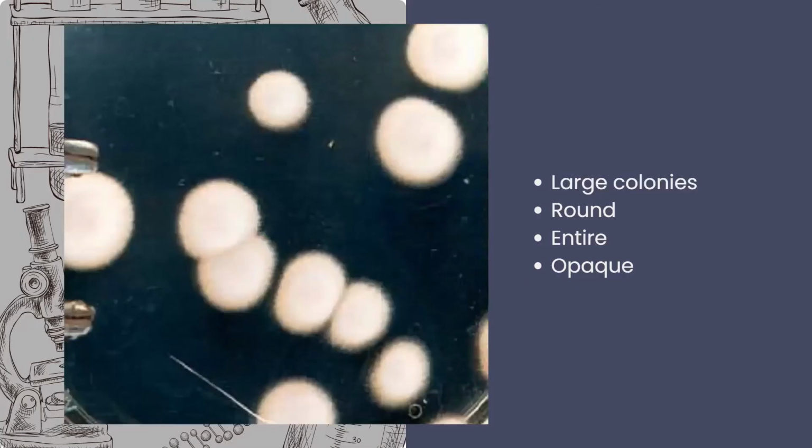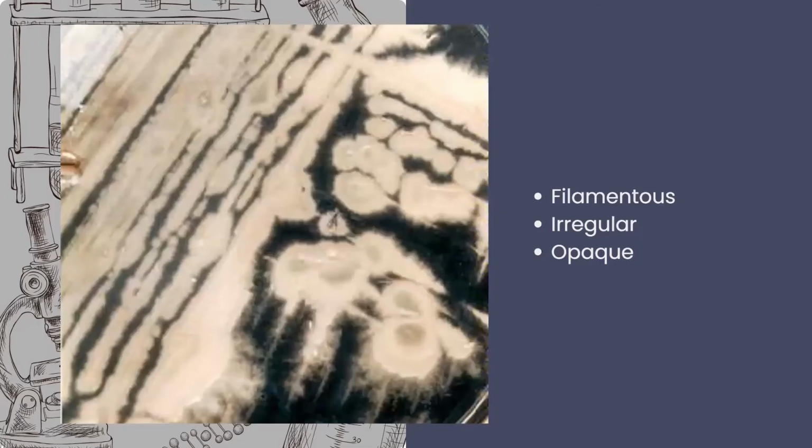So these have the characteristics of being round, entire, opaque, and are large colonies. Here now is filamentous. It is irregular and is opaque.